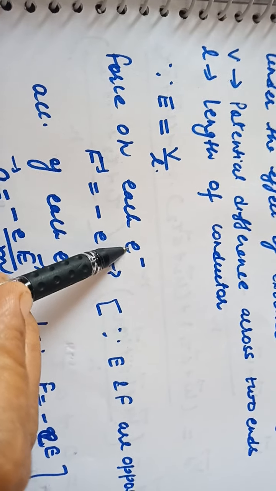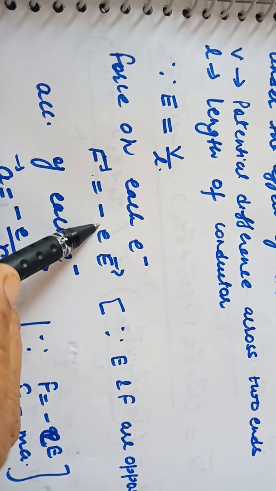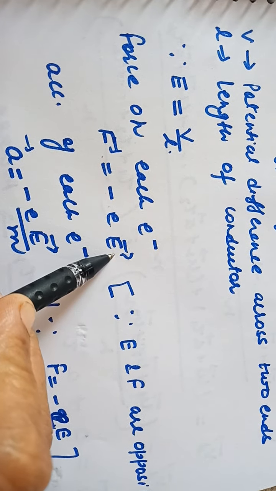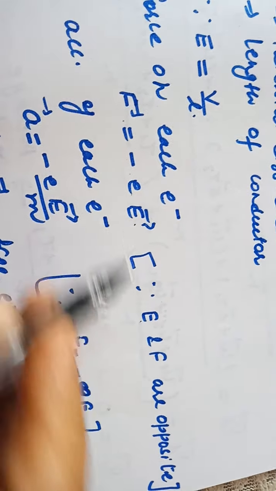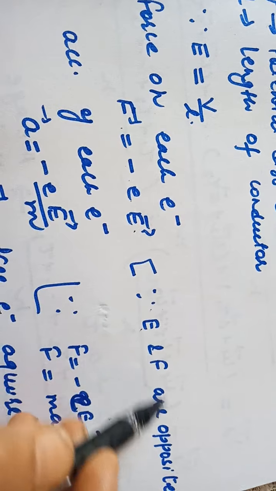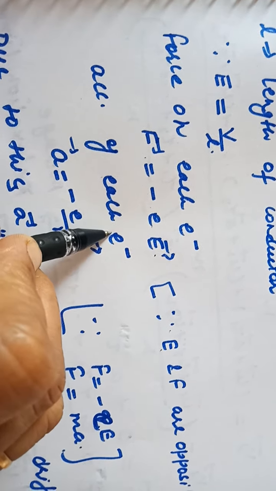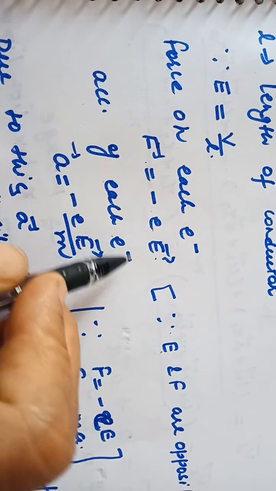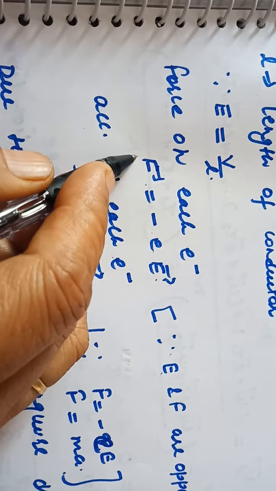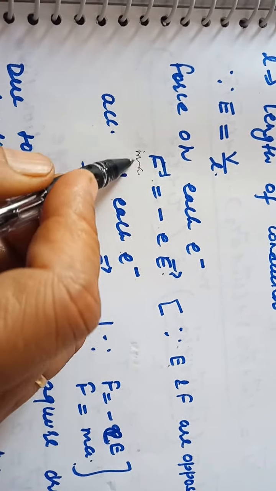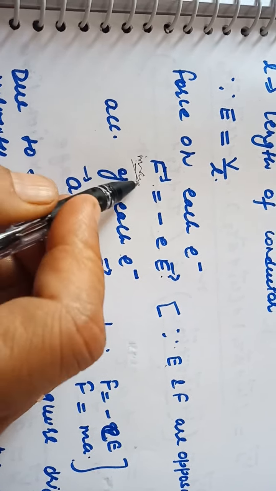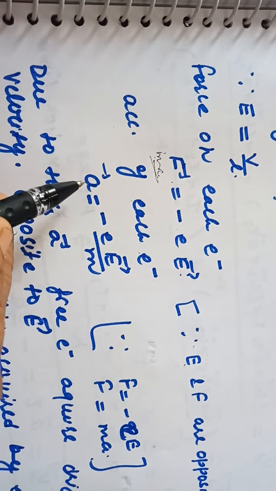So we know E is equal to V upon L. Now force on each electron, F is equal to minus eE, with a minus sign because E and F are in opposite directions. For the acceleration of each electron, according to Newton's law, F is equal to m into a, where m is the mass of one electron and a is the acceleration acquired by the electron.